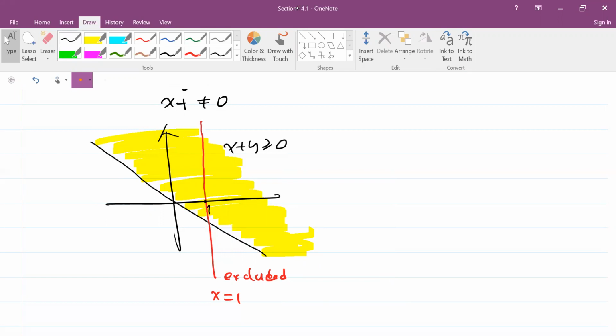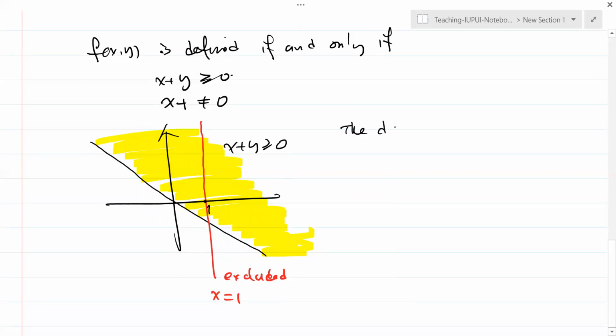So this is the domain. The domain of f consists of two regions, two regions that are disconnected. It's not one piece.